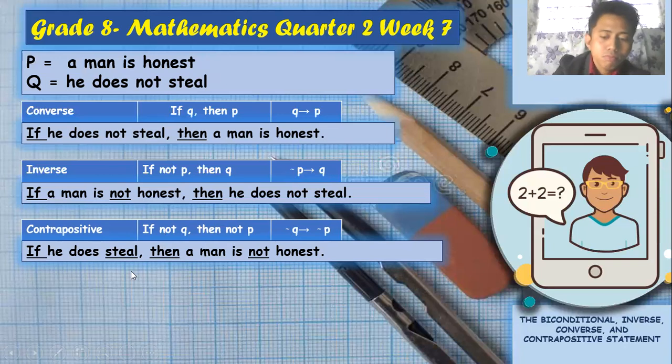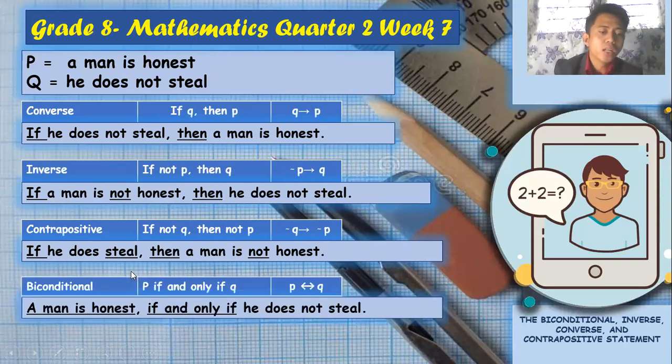So let's proceed with biconditional. Under biconditional, we have P if and only if Q, or P biconditional Q. What is our P? Our P is a man is honest. Then we have "if and only if" here, followed by Q. What is our Q? He does not steal.